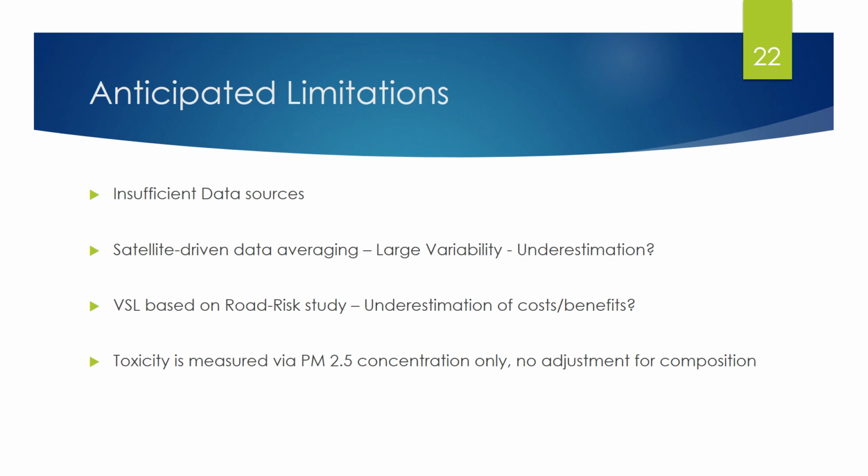So there are differences in exposure, and at the same time, using satellite data underestimates the real ground data, which has been seen in several studies as shared before. And at the same time, we've also used the VSL that is based on a road risk study, which could have underestimated the costs or benefits.